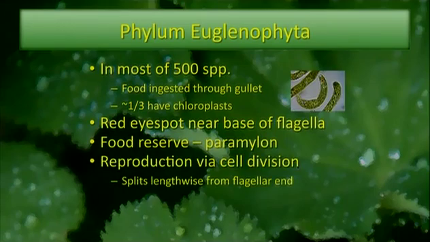Now some Euglena can actually live in the dark, since they ingest food through a gullet. Some Euglena divide so rapidly that the chloroplasts can't keep up, so some cells are produced that don't have any chloroplasts. As long as they're living in an environment with the right nutrients and they can ingest some food, they can live indefinitely and keep on dividing.